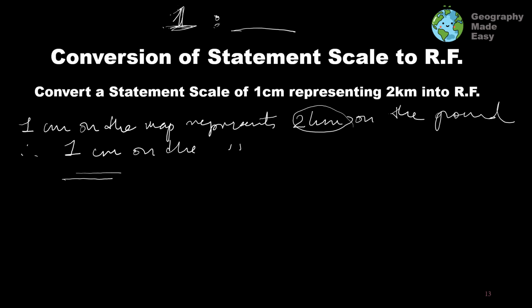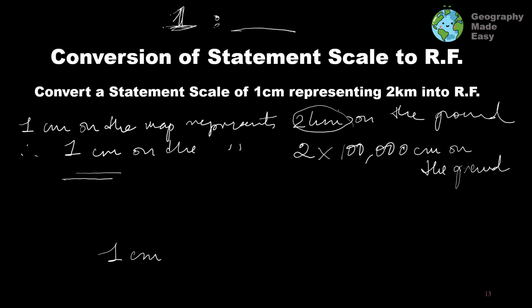So 1 centimeter on the map represents 2 kilometers. When I am converting into centimeters, the conversion is, we are using the unitary method to do the sums here.